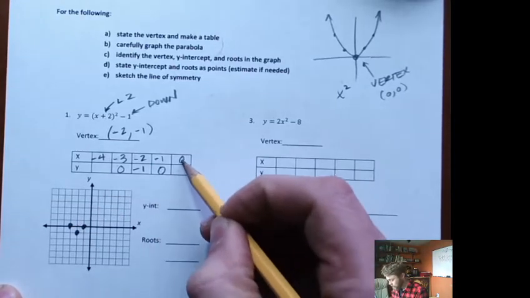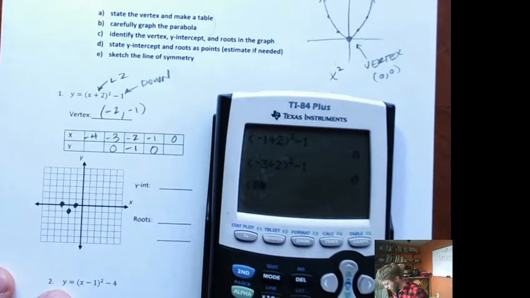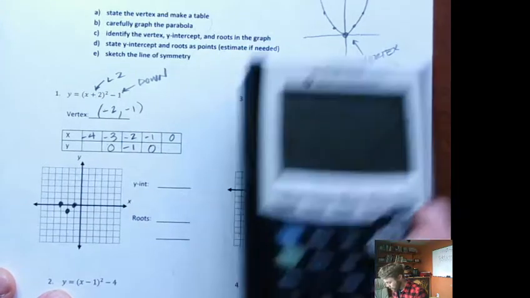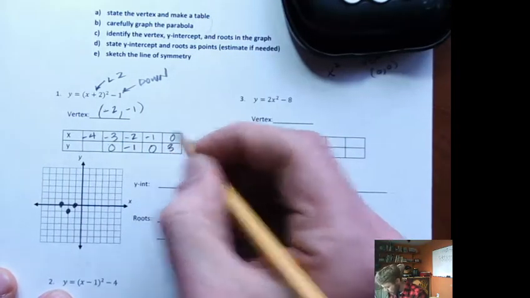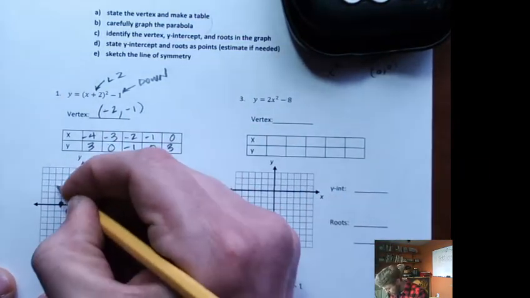The next one here, let's put in 0 into this. 0 plus 2 squared minus 1, 3. It's going to be here and here. So the next one, negative 2, 3, and 3.